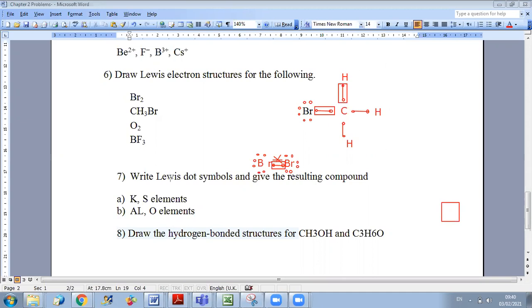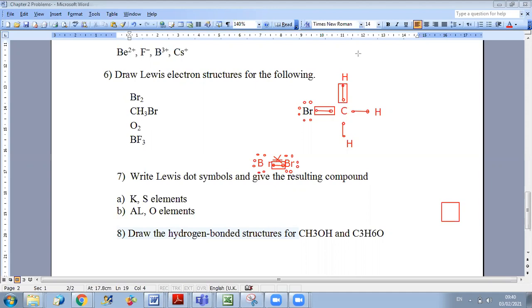Now for O2, okay, whenever I have 2 atoms, the same atom doing an interaction with another atom like itself, then it will be a covalent bonding, okay, if the number of valence electrons is higher than 4.